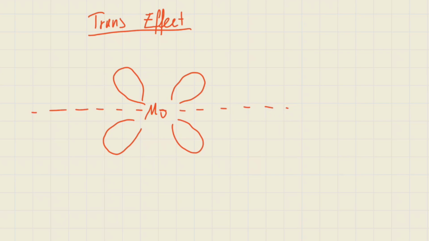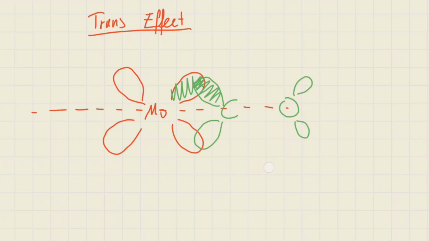This feeds the electron density due to the phosphine ligands more, so electron density on these orbitals increases, and the CO pi star orbitals interact with the d orbitals of the molybdenum. And we have another carbon here.